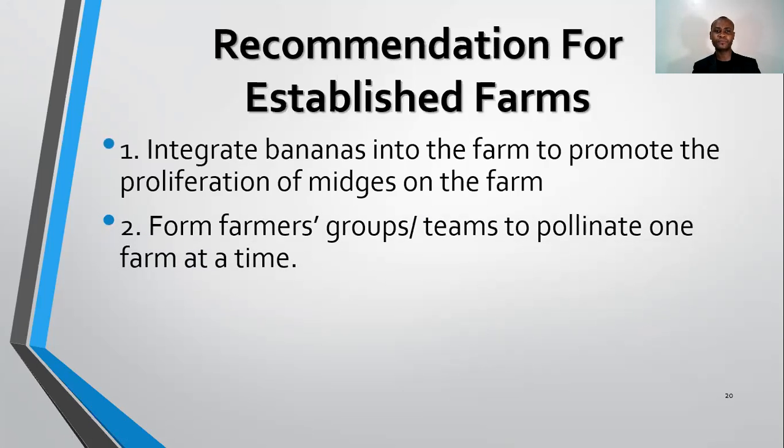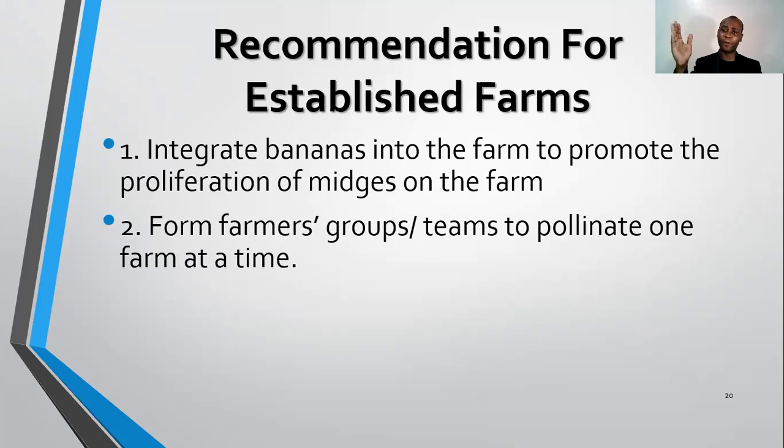Number two, you can form farmers groups or teams to pollinate one farm at a time. Usually in cocoa areas, you can have cooperatives or farmers groups, and what you can do is work on one farm at a time.